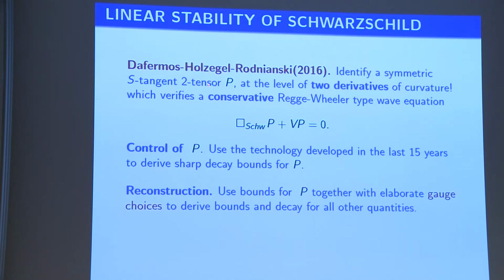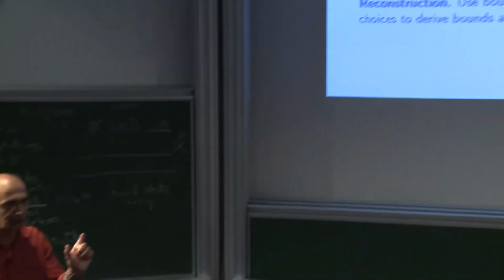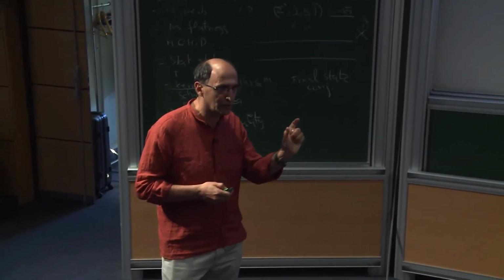Now, Dafermos, Holzegel, and Rodnianski, so I think the central point of their approach, which is the result I just mentioned, is a remarkable discovery of a new tensor, which is an S-tangent 2-tensor, at the level of two derivatives of curvature. So remember, alpha, alpha bar are just components of the curvature, and they come in the Teukolsky equation.